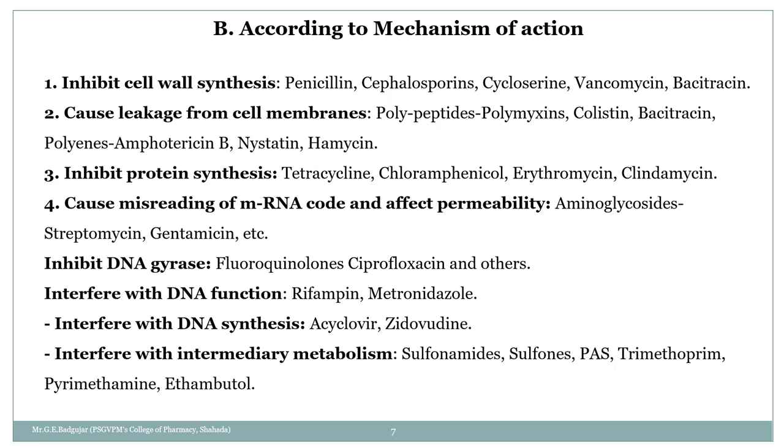There are certain drugs which interfere with the DNA synthesis like acyclovir, zidovudine. And there are certain drugs which can also interfere with the intermediary metabolism like sulfonamides, sulfones, etc. So according to the mechanism of action, we can classify antimicrobial agents in this way.